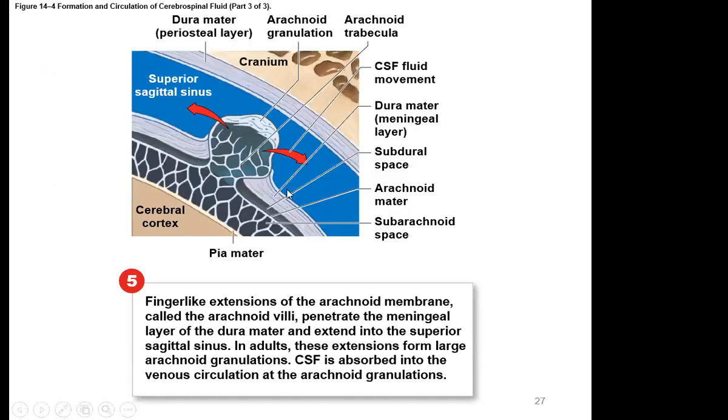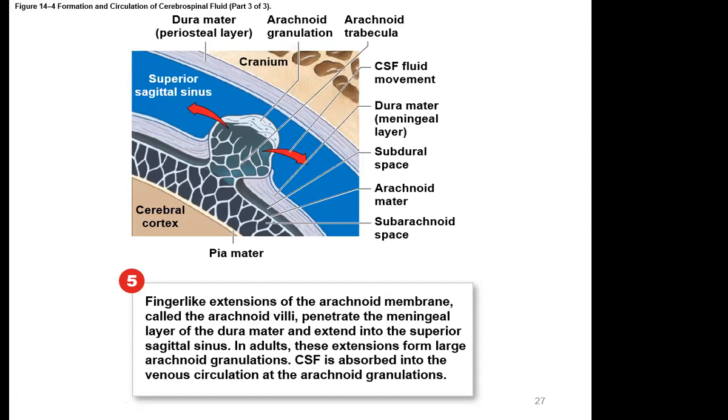So let's take a look at a picture here. Here's an arachnoid granulation. The red arrows are showing you how under a force of pressure, the fluid is going to come out of the subarachnoid space and get into the superior sagittal sinus. The superior sagittal sinus is ultimately going to drain through other sinuses within the brain, and then it ends up in the internal jugular vein, which is going to feed back into the cardiovascular system.